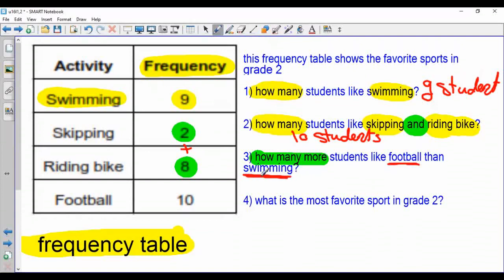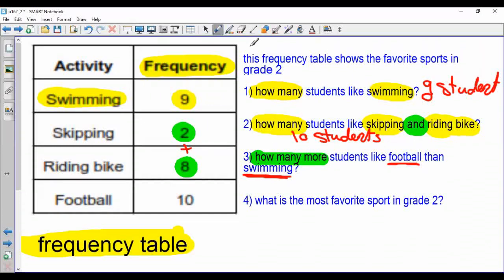This means what is the difference or change between the number of students that like football and the number of students that like swimming. So how can I find this change or difference?